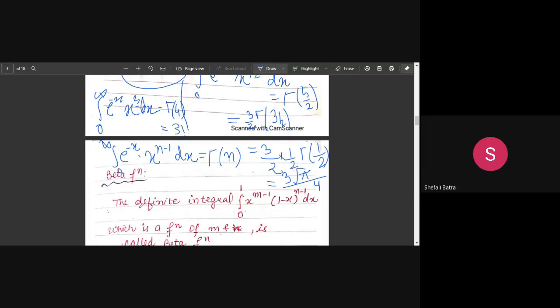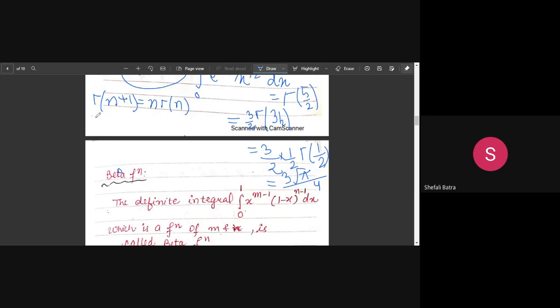Excuse me, ma'am. Yes, beta. Ma'am, how did 3/2 multiplied by half gamma 1/2 come? Repeat please. Okay, wait. What is the reduction formula, beta, for the gamma function? I have told you gamma n plus 1 is equal to n gamma n.